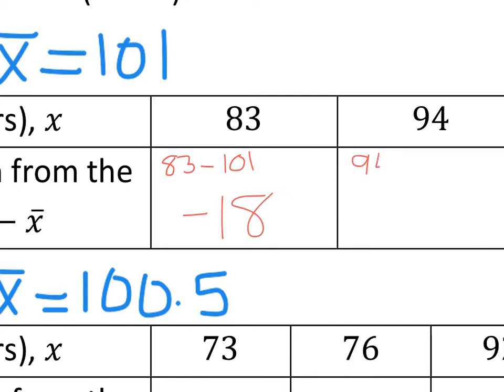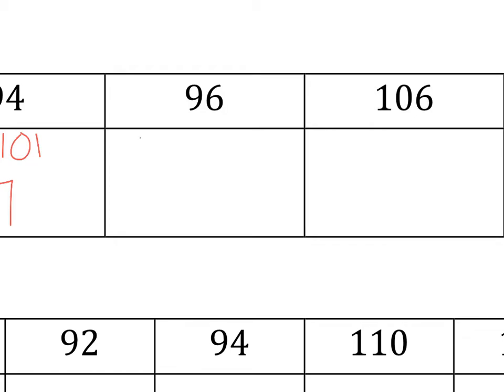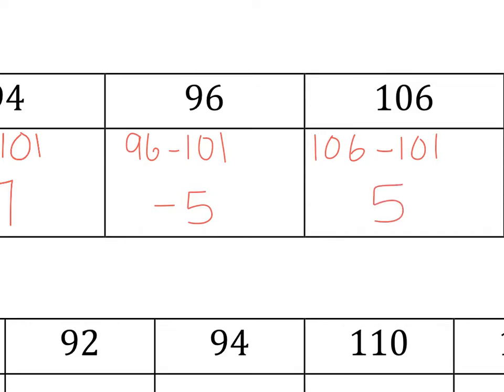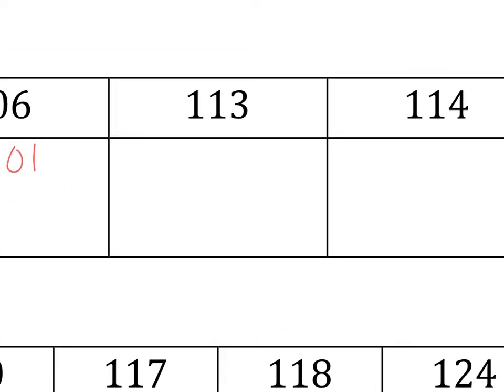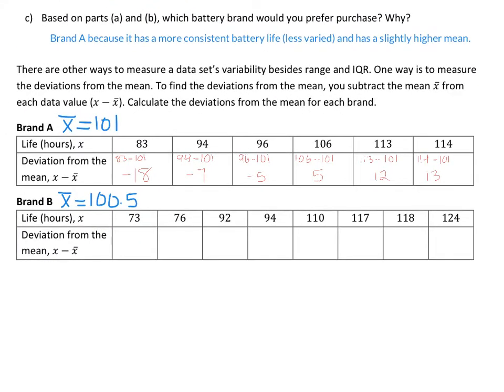We have 94 minus our mean, 101, which is negative 7. 96 minus 101, which is negative 5. 106 minus 101, which is 5. 113 minus 101 is 12. And 114 minus 101 is 13. So those are the deviations from our mean for brand A.